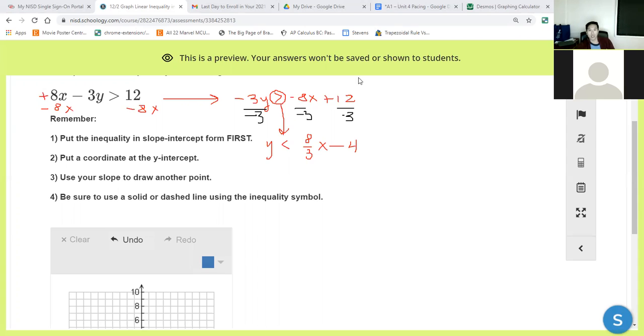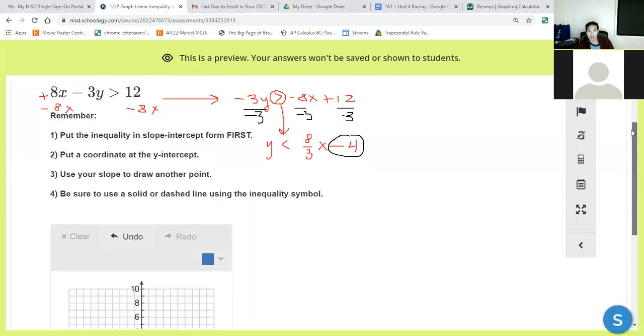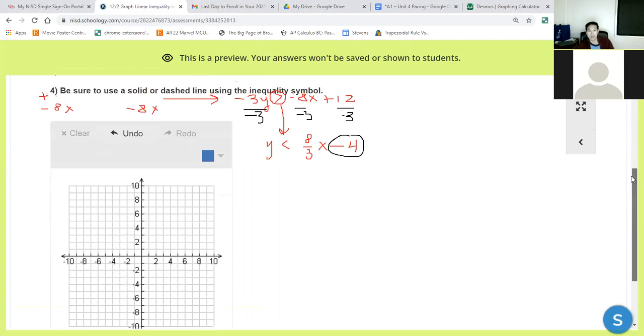So my y-intercept is this guy right here. So here I go right there.